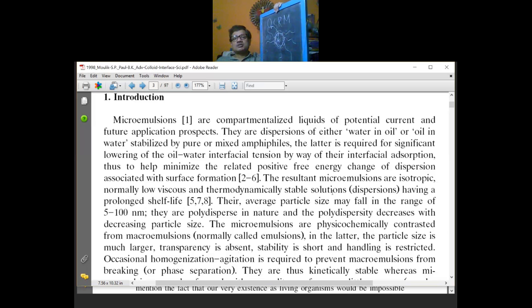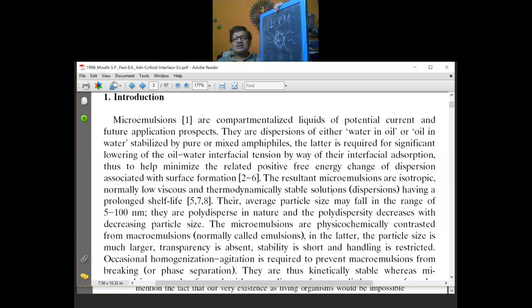So an emulsion is a liquid dispersed in another liquid where the first liquid is otherwise immiscible. This is done with the help of a third component called an emulsifying agent.